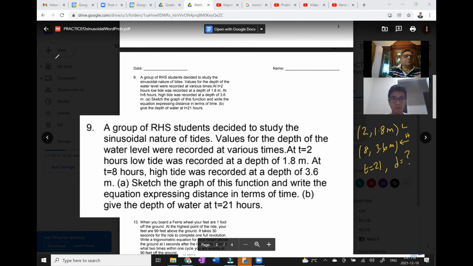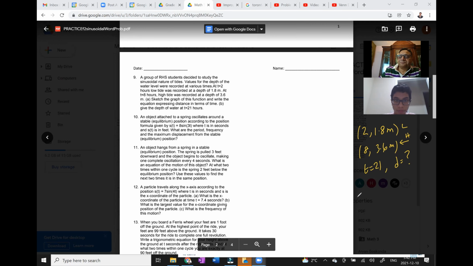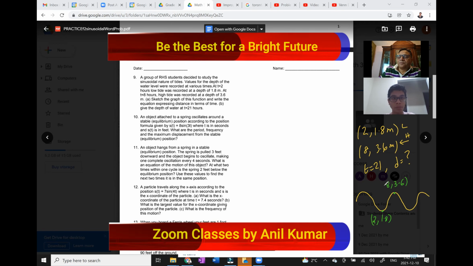Let's make a function. Now we are given that the low tide is at 2, 1.8, and the high tide is at 8, 3.6. Is that clear to you?